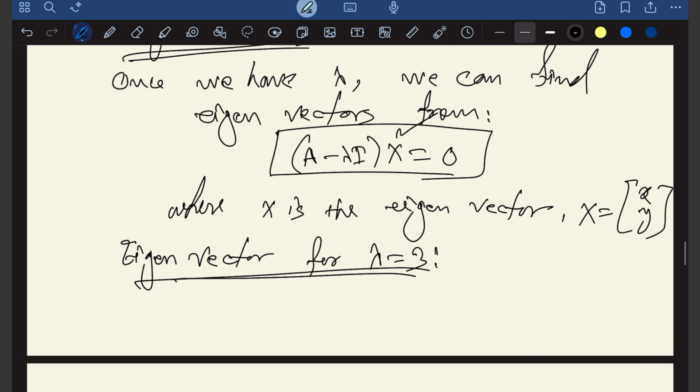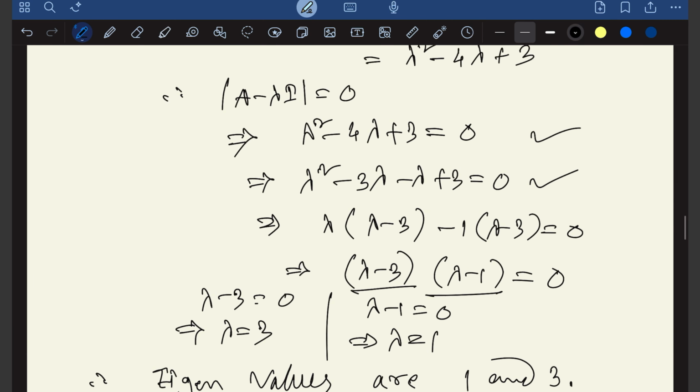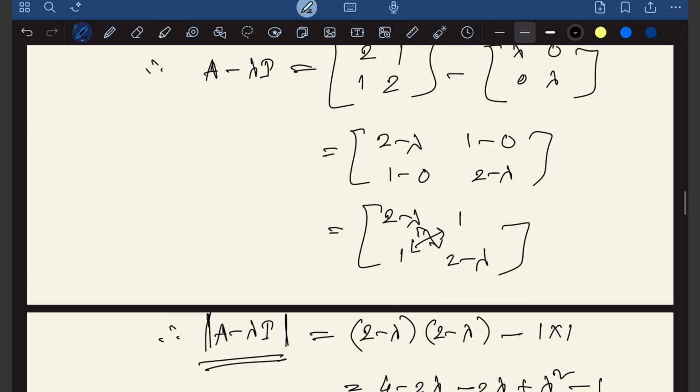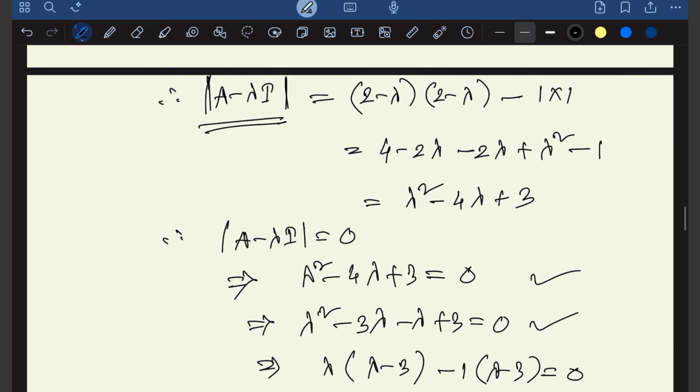So for lambda equal to 3, we have A minus lambda I. What is A minus lambda I? From this equation, A minus lambda I means 2 minus lambda, 1, 1, 2 minus lambda. Yes or no?